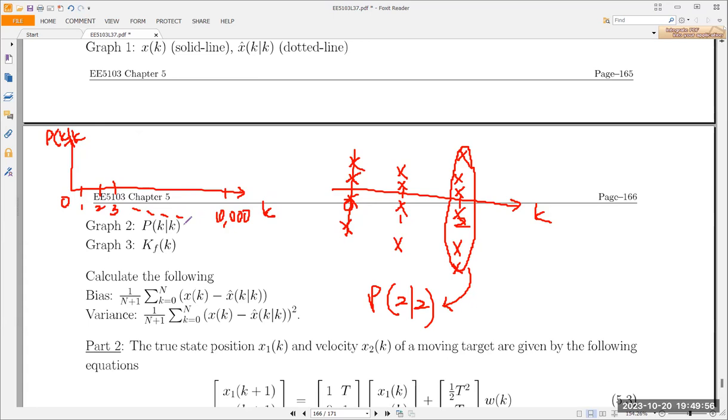Now, you will find that, as I told you before, you will reach a steady state. I don't know what value will reach a steady state, but after a while, maybe after K equal to 3 or K equal to 30, I don't know, it will reach a steady state. Means that it will be a horizontal line. When it reaches a steady state, it means that the next K is the same as the previous K as far as P is concerned.